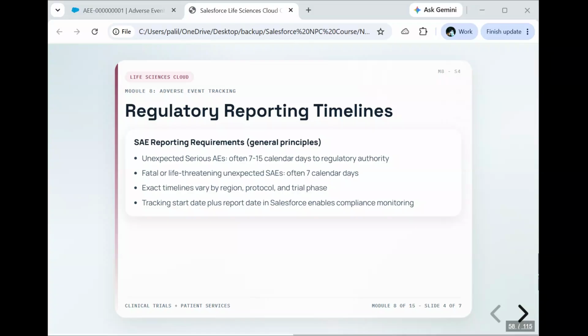These timelines vary by regulatory region and trial phase, and I recommend confirming the specifics in any real-world deployment. The point is, in Salesforce, tracking the date an AE is reported against the date it was first known creates the data needed to demonstrate regulatory compliance.